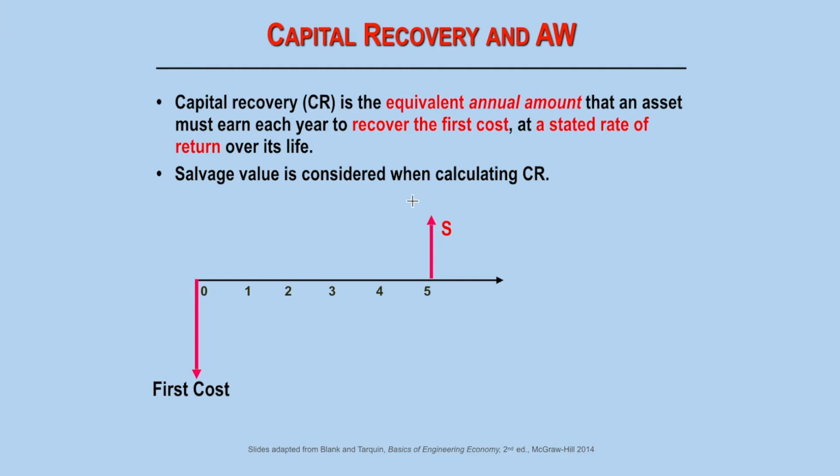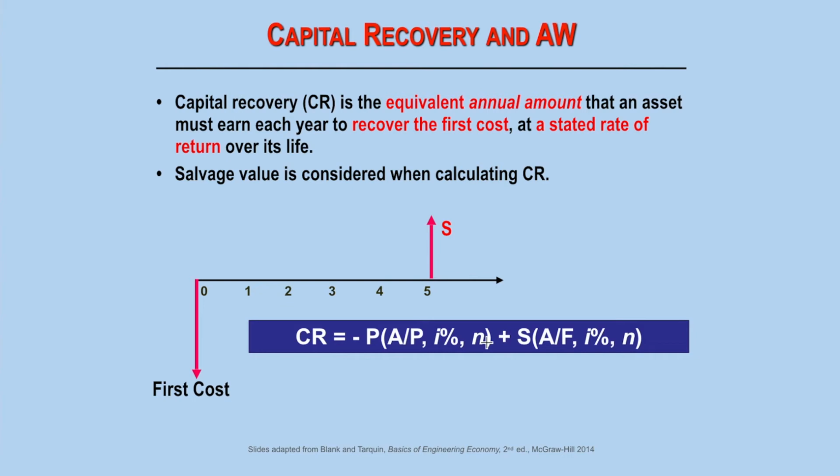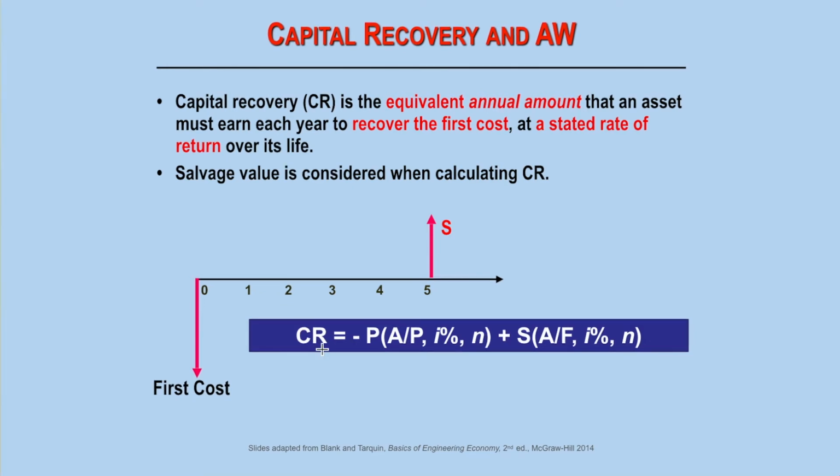Salvage value is also considered when calculating capital recovery, and this is shown in this formula here. CR, or capital recovery, of that asset consists of two parts. The first part is the first cost of that asset, which is converted into annual worth value. That's why you see the A given P conversion factor here. The second part of the equation is the salvage value, or the resale value of that asset, which is also converted into annual worth value.